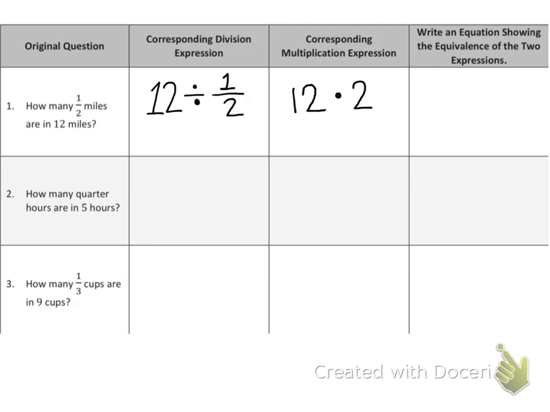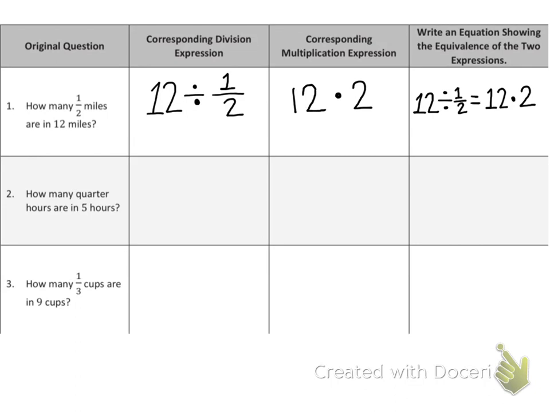Because again, I want to know how many halves are in 12, so I'm doubling. I'm splitting up each whole into 2 parts, and I'm counting each half. And to write an equation showing the equivalence of the 2 expressions, all I'm doing is 12 divided by 1/2 equals 12 times 2. So let's look at the next one.